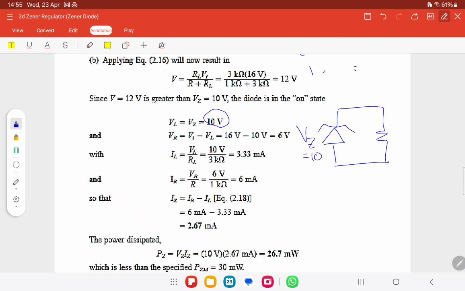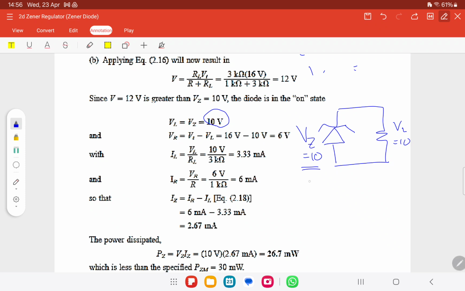Kalau it is given 10, then we assume parallel here is also 10. Even though when kita kira tadi tu, to determine the diode on atau off dapat lain. Why? Because dia dah bagi siap-siap in the circuit. So kita kena guna yang dia bagi. Yang cari tadi is to determine condition of the diode only. Jangan get confused kat sini. So pendek kata, bila dah on, guna value yang bagi.